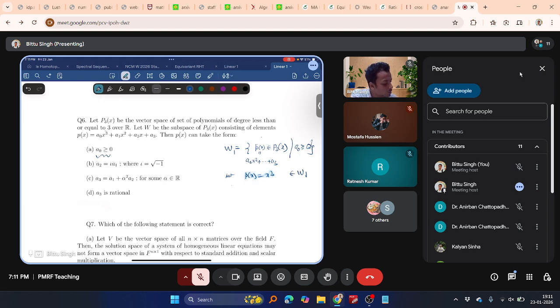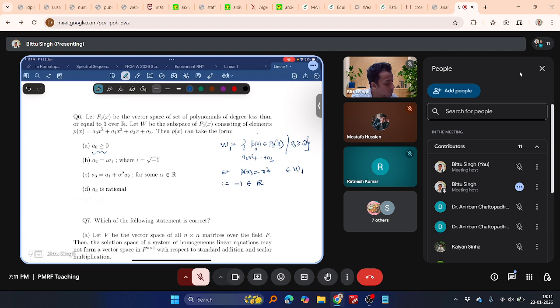But if we take scalar multiplication, note that -1 also belongs to the real numbers, and if we take c equal to -1, then c times the vector p(x) is -1 times x cubed, which is minus x cubed.